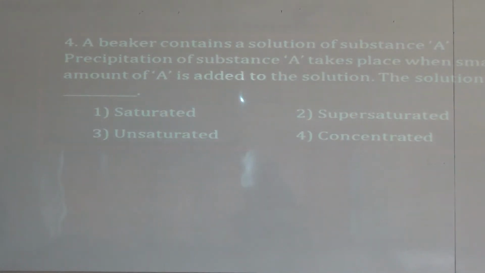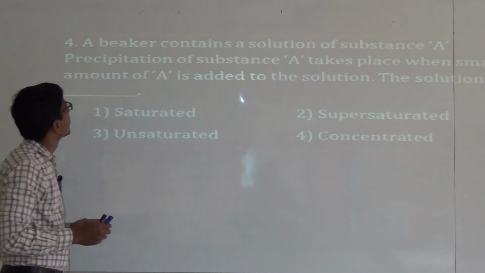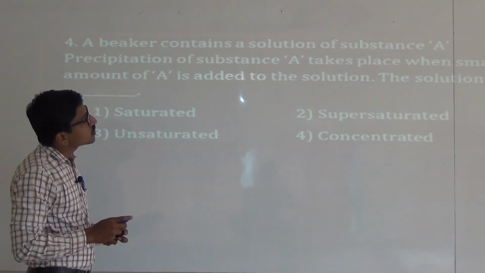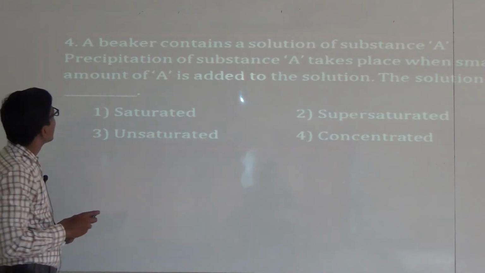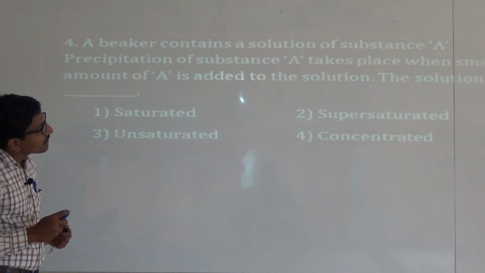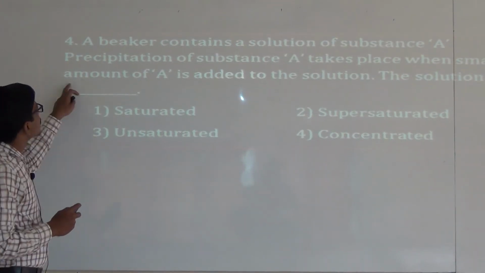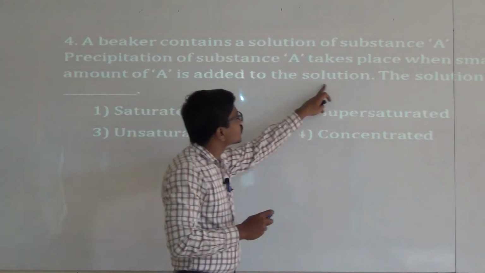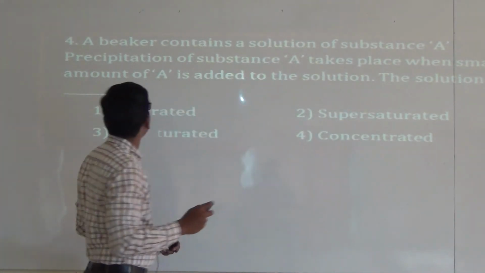Next question is, a beaker contains a solution of substance A. Precipitation of substance A takes place when a small amount of A is added to a solution, the solution is.